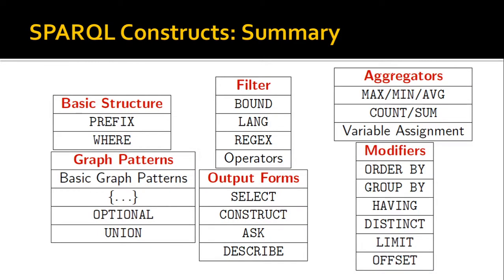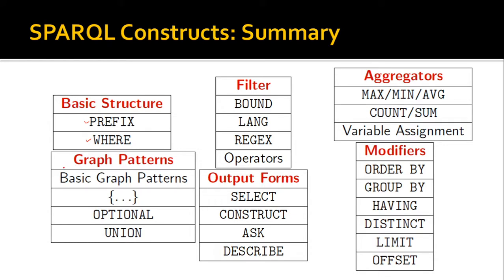If we try to summarize the SPARQL constructs that we have studied over the last few lectures, basically you have basic structures like defining the prefixes, and writing where clauses, which are mandatory.